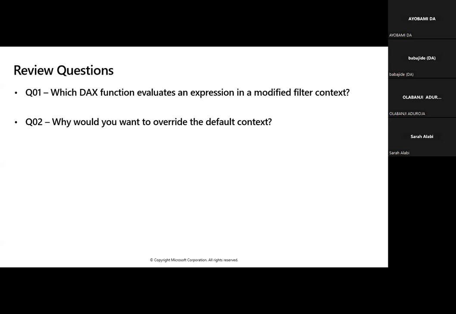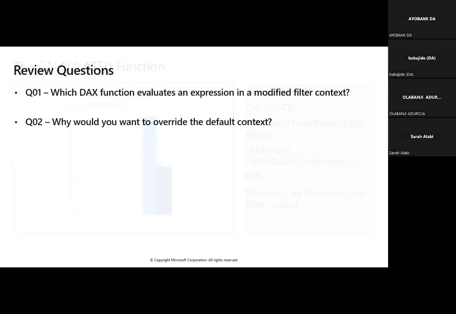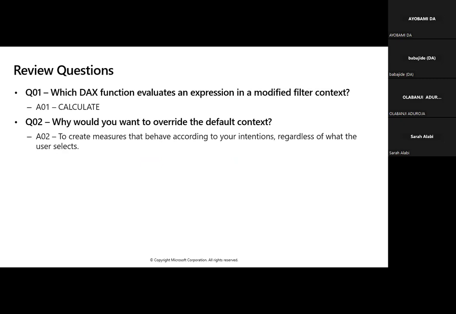The moment you mention filter, something should ring in your head. What should it be? CALCULATE. Not calculated measure. The moment you are talking of filter in your calculation, it is the CALCULATE function.